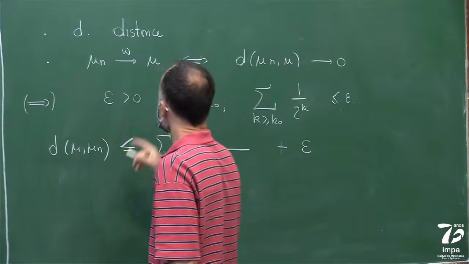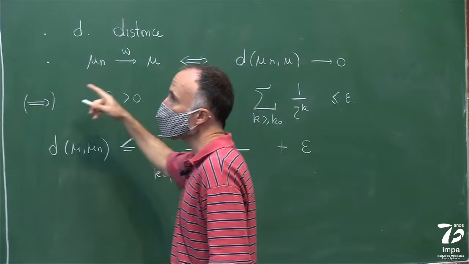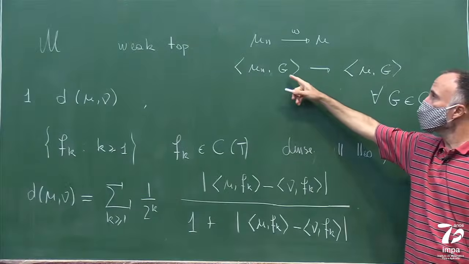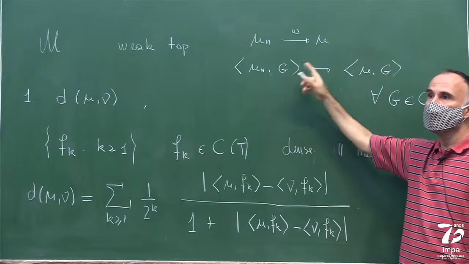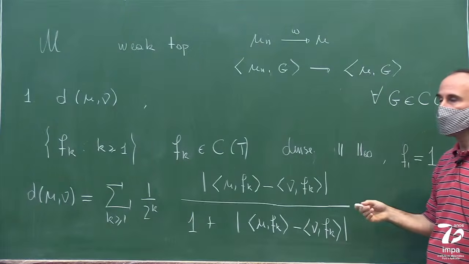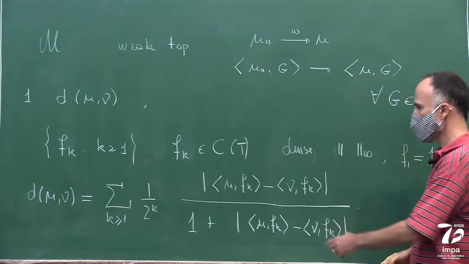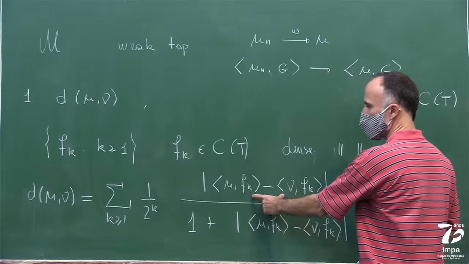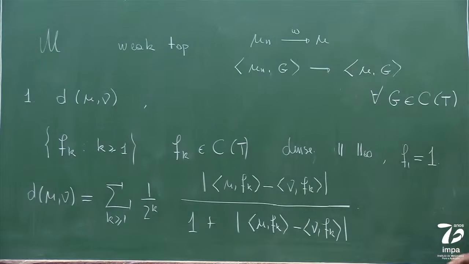Now I know that mu n is converging to mu weakly, which means that the integral of any continuous function g is converging to the integral of g with respect to mu, right? So this means that this difference is converging to 0 for each fixed k. Okay?